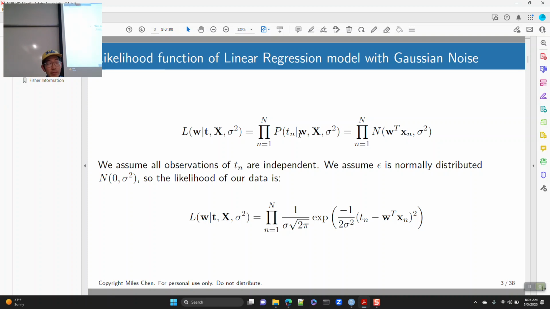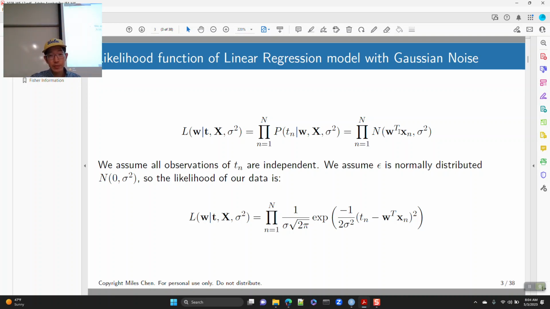And then we said we're going to model our data as centered around W transpose Xn, centered around what our model would predict. And then we said the actual values that we observe are normally distributed around this W transpose X, right?